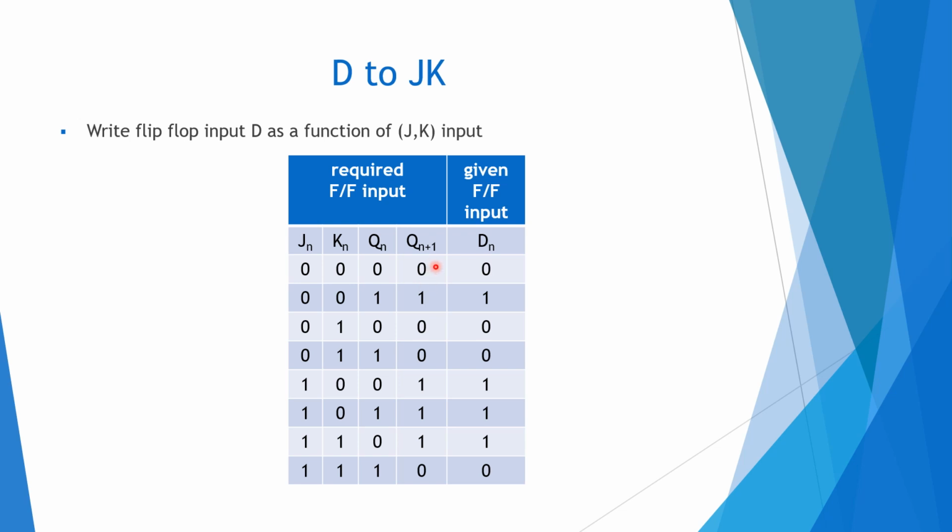When Qn plus 1 equals 0, Dn will be 0, and when Qn plus 1 equals 1, Dn equals 1. So we can just write blindly here 0 1 0 0 1 1 1 0. This same value comes here at the Dn. So that is 0 0 0 1 1 0 0 0 0 1 1 1 1 1 1 0 0.